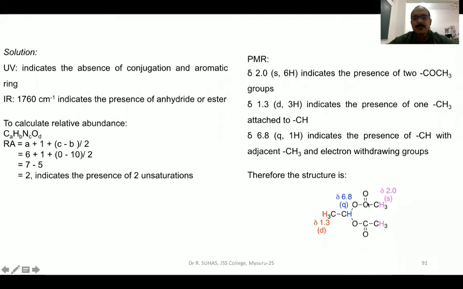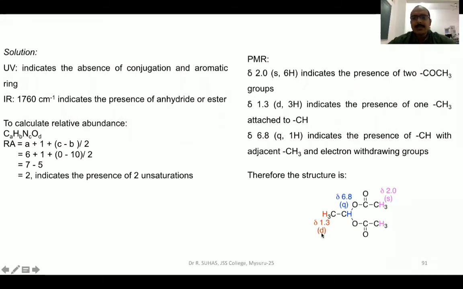So substitute COO on either side of the CH, to which the CH3 is attached, and the CH3 is definitely attached to CO, and hence the value is somewhat higher, that is delta 2. That's why the structure is this. This is the anhydride type of molecule: CH3CH, OCO, CH3, bottom also OCO, CH3.